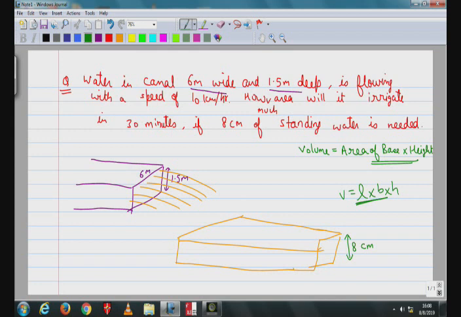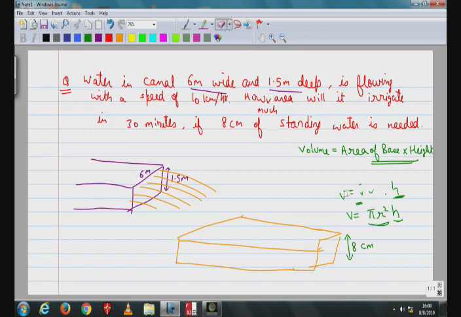In this, L into B is nothing but the area of the base, multiplied by the height. Similarly, the volume of the cylinder is pi r square h, and you know in the cylinder the base is a circle. So pi r square is nothing but the area of the circle multiplied by the height. So volume is basically area of the base multiplied by the height.